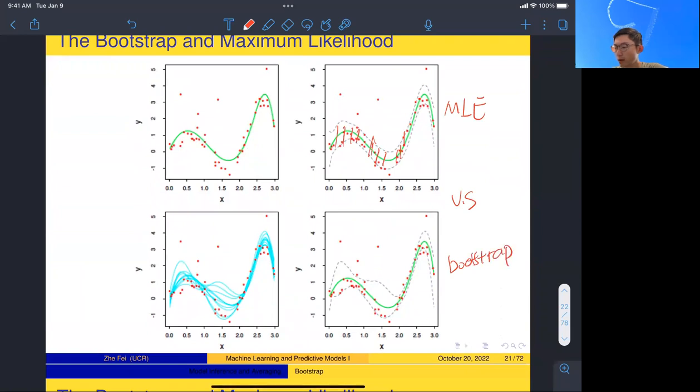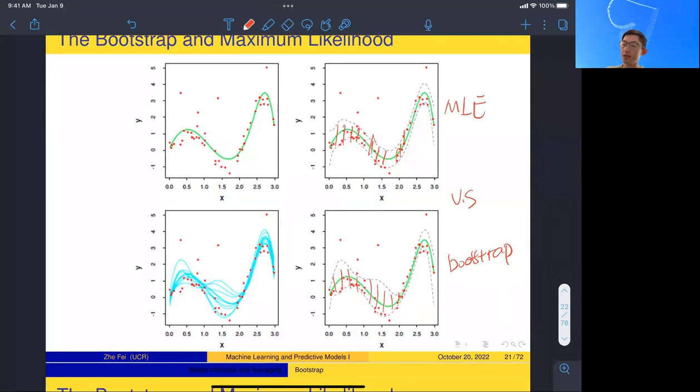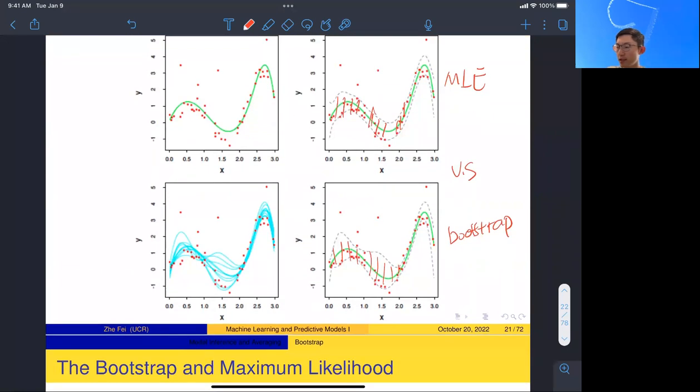The bootstrap bound may be wider in certain areas but smaller in others. That is because it would have higher variation when your data has higher variation, right? So at these points, your data itself has higher variation, so the variance estimate from bootstrap is also more variable, right?